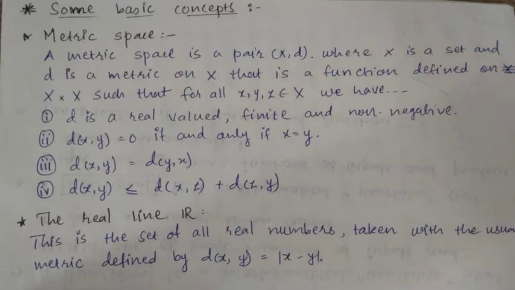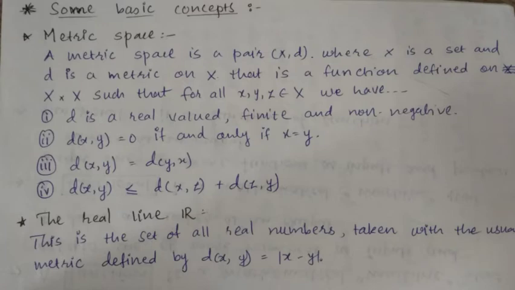This is also called the symmetric property, which we learned in BSc in the chapter on relations. And the fourth is d(x,y) is less than or equal to d(x,z) plus d(z,y). This fourth property is also known as the triangular inequality. Here the metric d is also called the distance function, right?